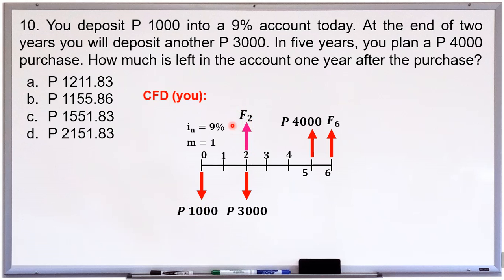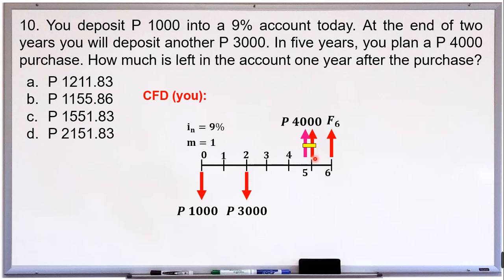Next, we're going to add this one to your 3,000 deposit. So that's an addition in order to determine the accumulated present worth on this year, and that is for the second year. Next, we're going to determine the future worth of this accumulated present worth in the second year, in year 5.